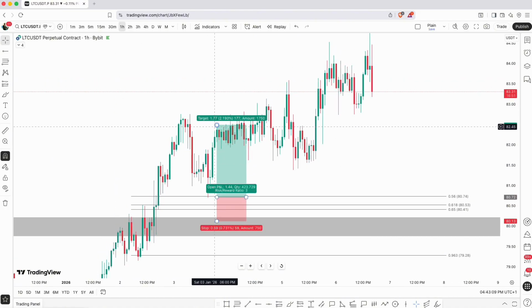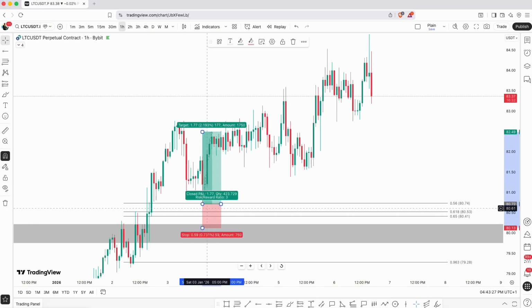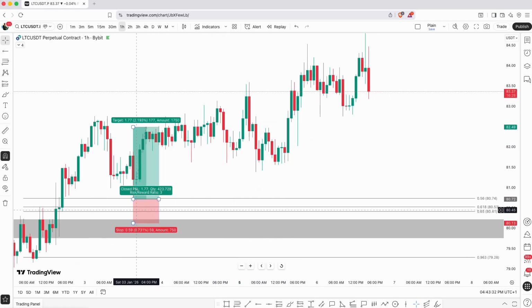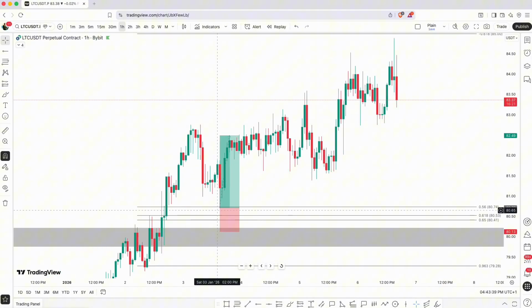And once I set up my stop loss, what I'm looking for in this market is a 1 to 3. And right here, you can see that this trade gave us that 1 to 3 that we're looking at, even with reaching our stop loss right here, right? So this is how I support my analysis using the Fibonacci tool.